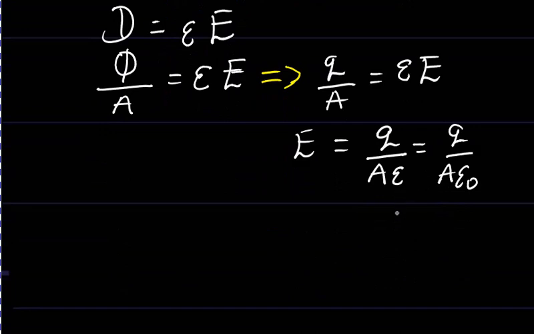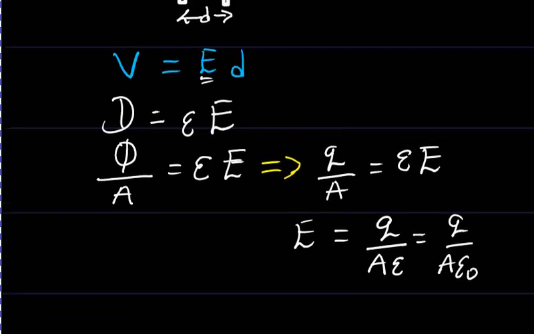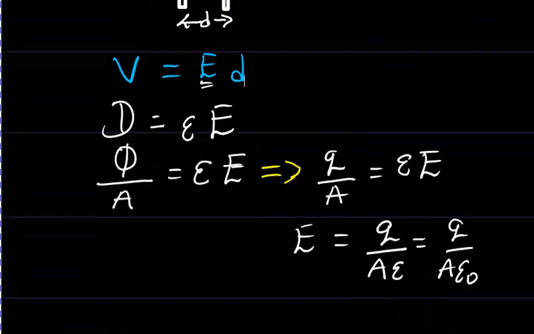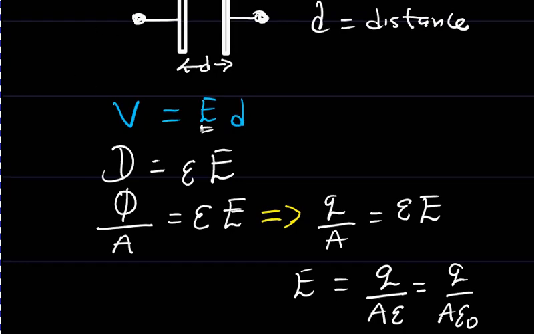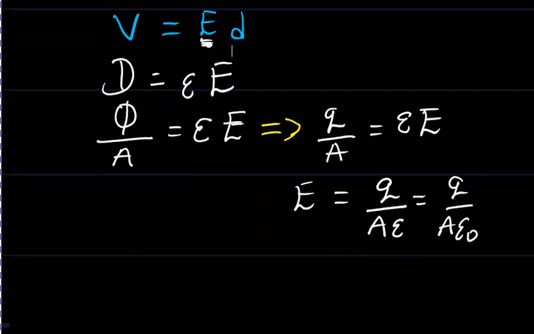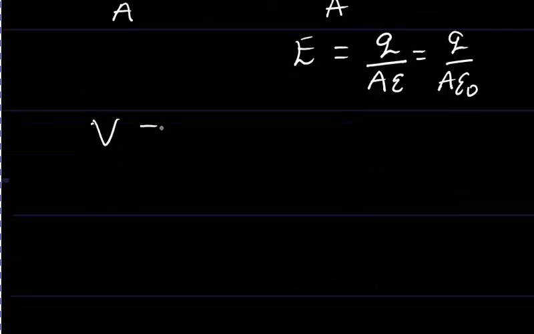Now let's fit everything into the original formula so that it will help us get what we want. So I have V is equal to the electric field, which of course is Q all over A epsilon 0, multiplied by D. If I rearrange this equation, I can cross multiply.